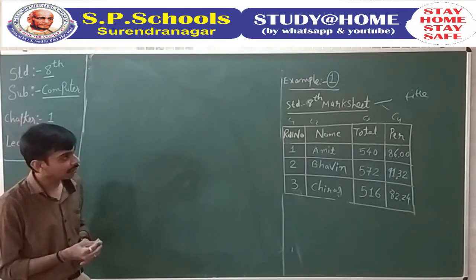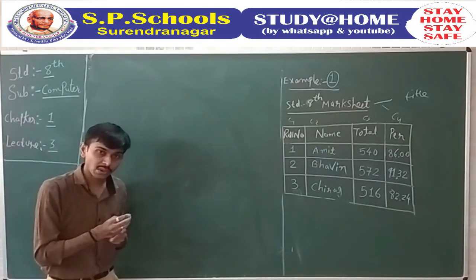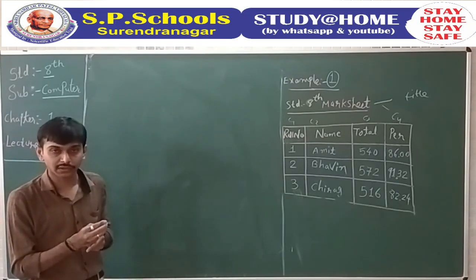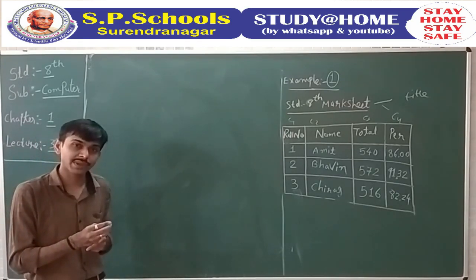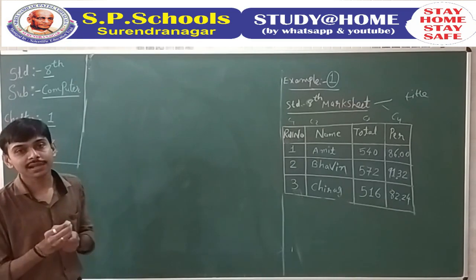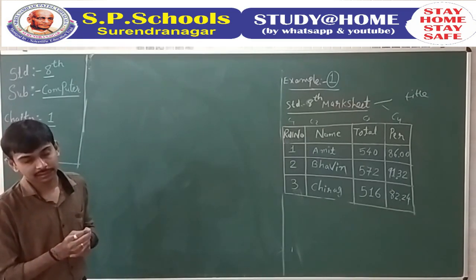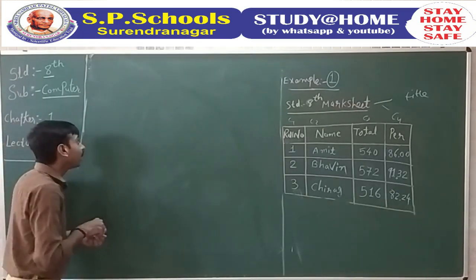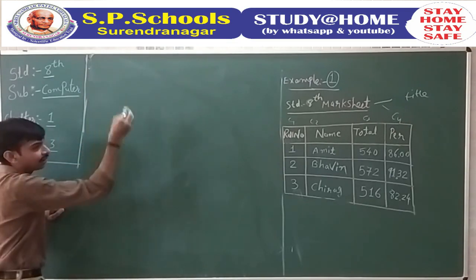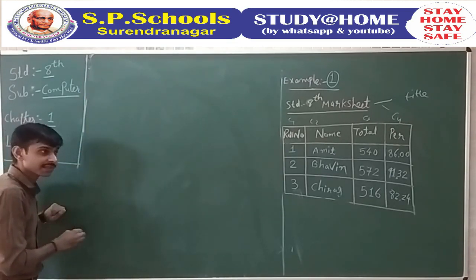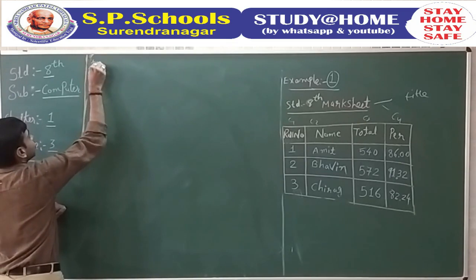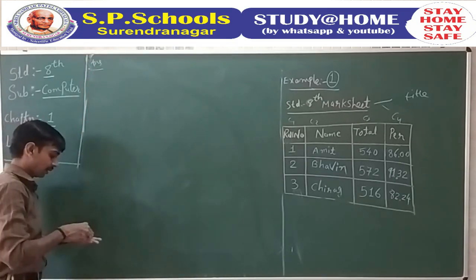So first of all, we must know about the structure of the table, the structure of HTML and the elements of the table. So from the beginning, we are writing our answer or output like this.